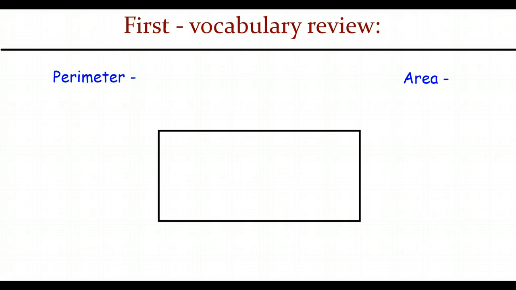Well, if we imagine the rectangle is a walking path, and we start in the upper left-hand corner, and then we walk down the side, across what in this case is the bottom, up the other side, and then back across, completing one full lap around the shape. We have just walked across the entire distance of all the sides that make up the shape, and that is what perimeter is.